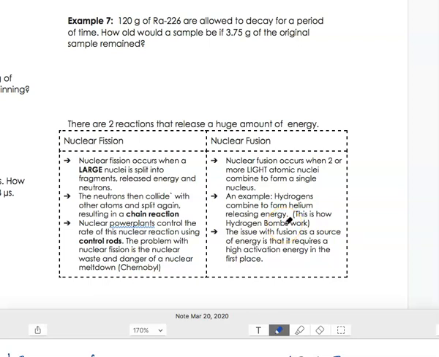And so the problem with this is that it requires a lot of energy. For this process to occur, it requires a lot of energy, a high activation energy. So using nuclear fusion for our energy needs is not really realistic because of the amount of energy that you need in the first place. Okay, so that's that.